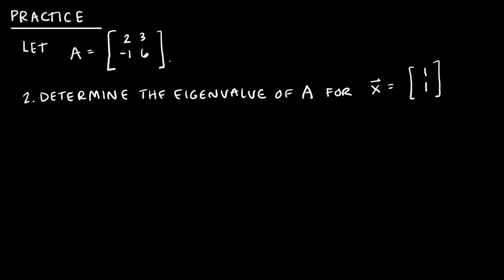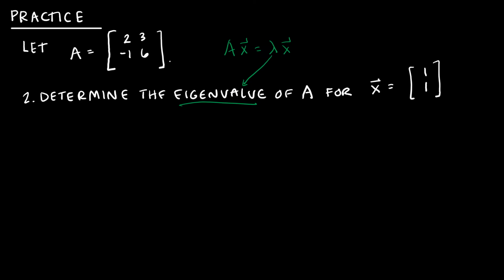It could be that I ask you to find the eigenvalue and it doesn't exist, but in this case it does. We do this the same way as the last question: if an eigenvalue exists, then Ax is equal to lambda x for some lambda, and the eigenvalue is just lambda.